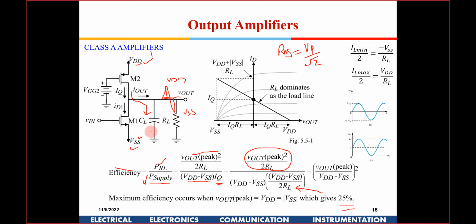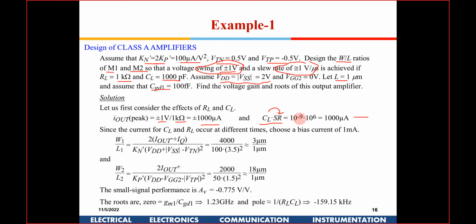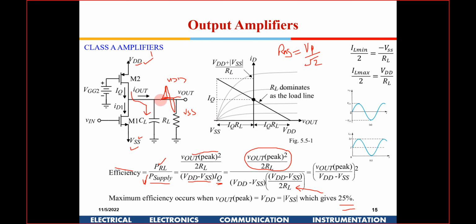Now you don't have to take both of these currents into consideration, only one of them, because both don't happen simultaneously. When this voltage is maximum, that is the time maximum current will flow here, but at that time, since it has already reached maximum, there is no current in the capacitor.